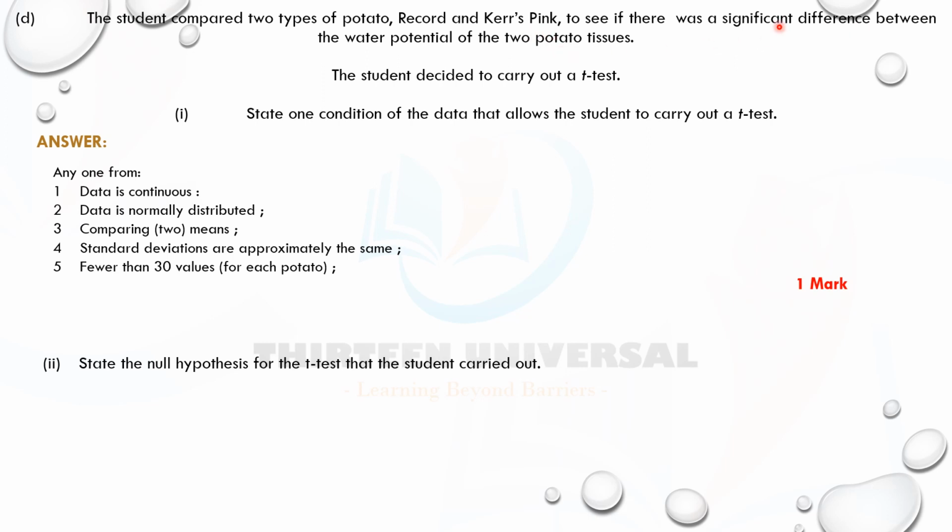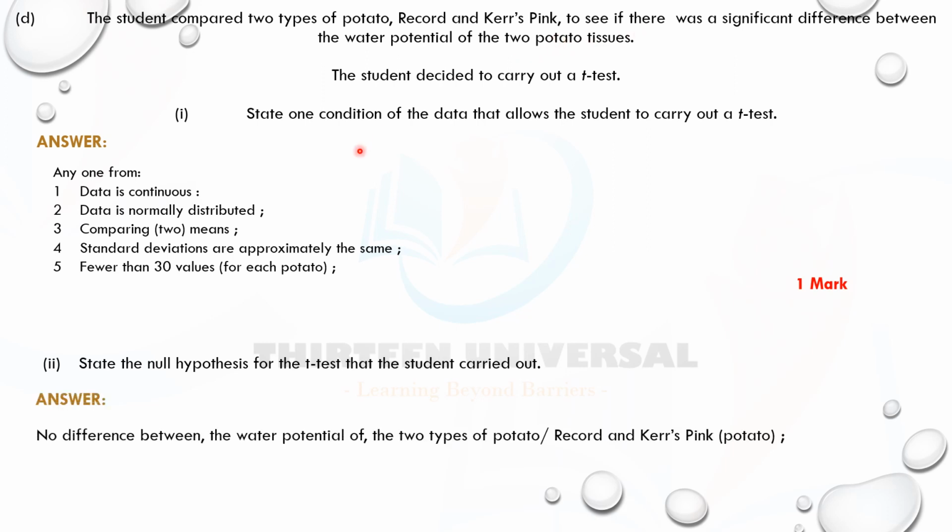Because we are dealing with a t-test, it is the means of the water potential of the two potato types. No difference between their mean water potential. Now that's 1 mark.